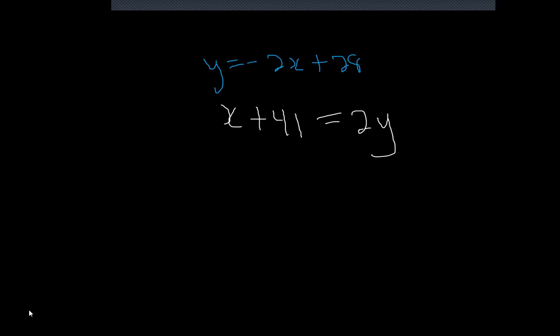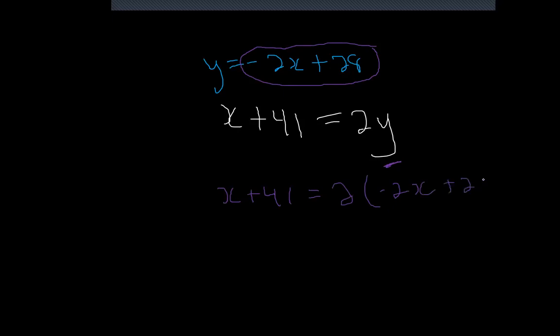So what I want to do now, take this value of y, and wherever I see it in the second equation, I see it right here, I would replace it with this. So this becomes x plus 41 is equal to 2 times minus 2x plus 28.